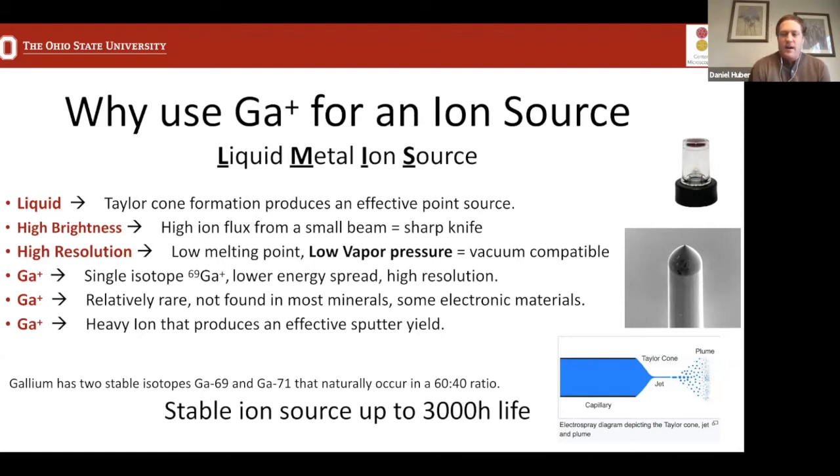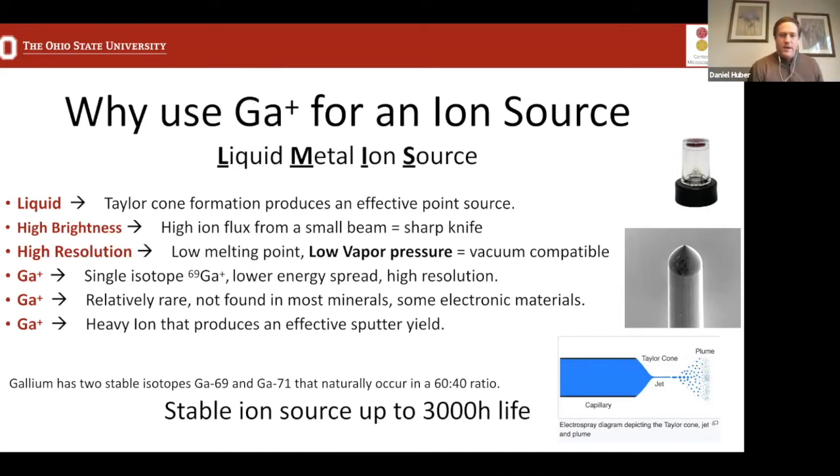In the presence of a large electric field, that produces what's called a Taylor cone, which gives us a very sharp source of ions. So it gives a very high brightness. We have a lot of ion flux coming from a very small area. It would be analogous to having a very sharp knife. So it's a very good thing.